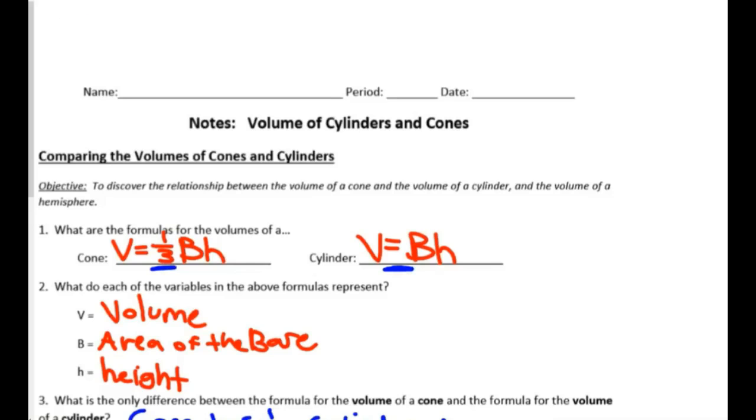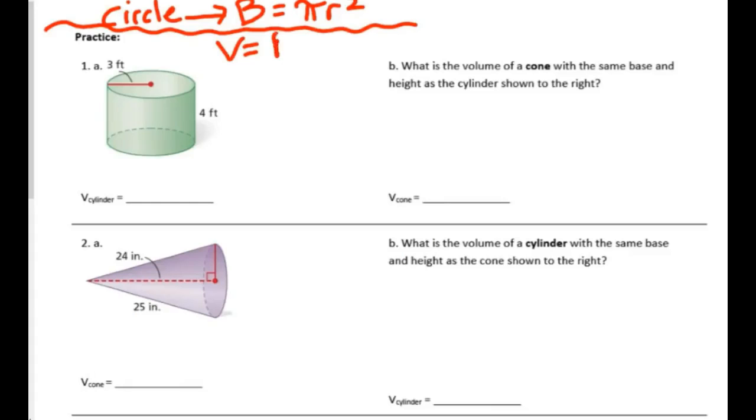Let's go back to the first page. It is BH. Let's write that down. Now, I'm going to replace B with, at the top, we just wrote it down, pi r squared. Okay? You got to know when there's a circular base, capital B, pi r squared. So, pi r squared h. And off to the side, what is r?